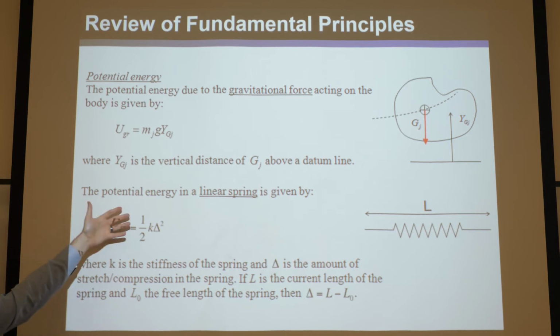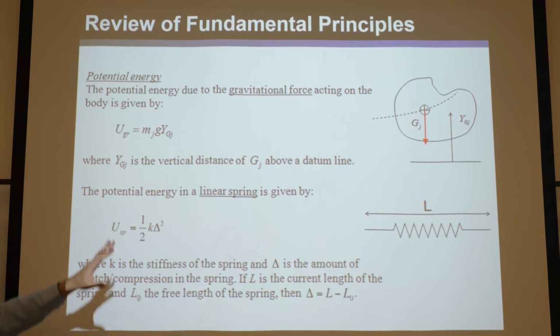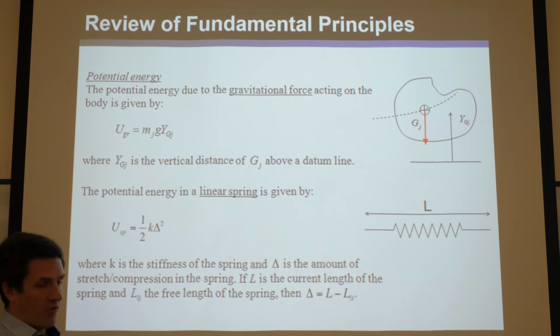So the potential energy of a spring. The first one was the gravitational, and that's like the analogy of lifting a rock above your head versus a rock on the ground. But you can also store strain energy by deforming things.